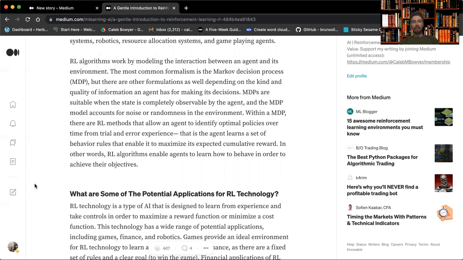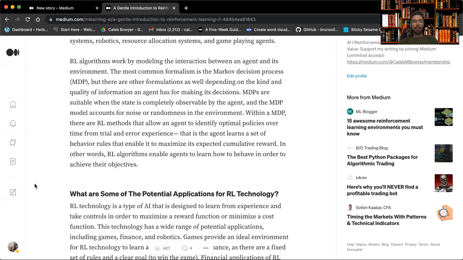The most common formalism is the Markov decision process, but there are other formulations as well, depending on the kind and quality of information an agent has for making its decisions. MDPs are suitable when the state is completely observable by the agent, and the MDP model accounts for noise or randomness in the environment.